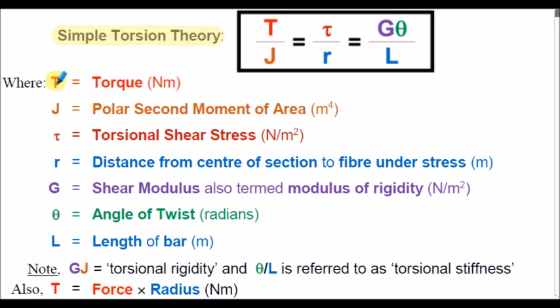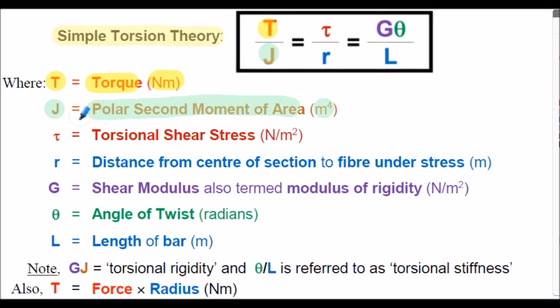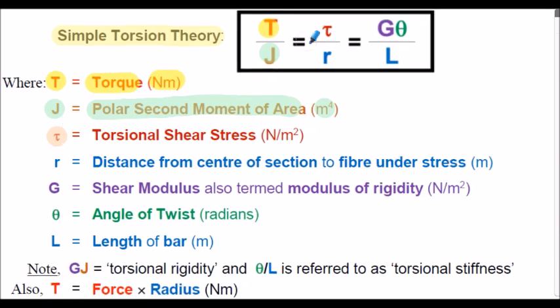So capital T is the torque applied in Newton meters. Capital J is the polar second moment of area, having the unit meters to the 4. And the Greek symbol tau is the torsional shear stress, having the unit of Newton per meter squared. Lowercase r is the distance from the center of the section or shaft to the fiber under stress, and r is in meters.